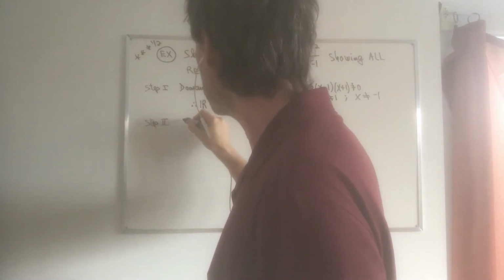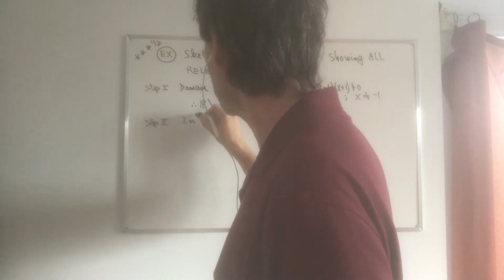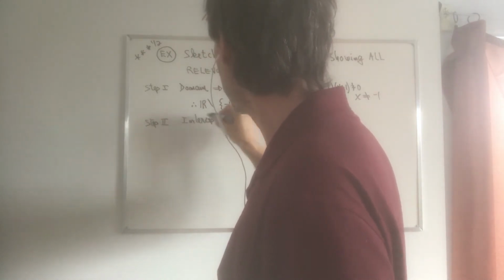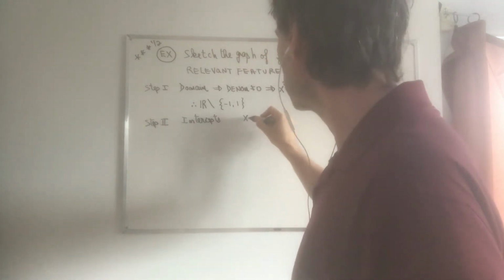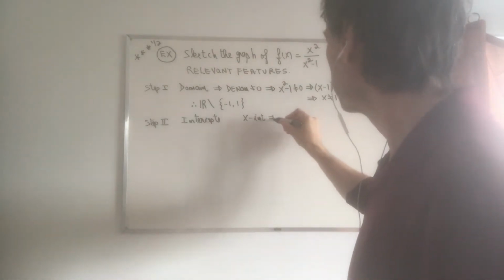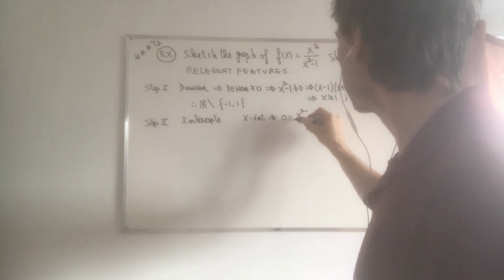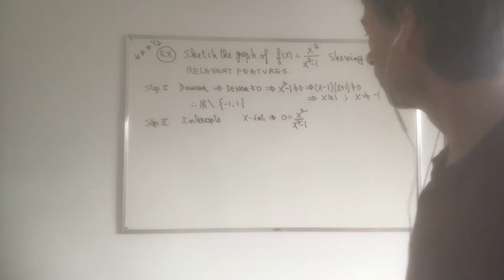All right, step 2. Let's take a quick look at the intercepts. We have two types. So what about the x-intercept? I need to make y equal to 0. So 0 is equal to x squared over x squared minus 1.